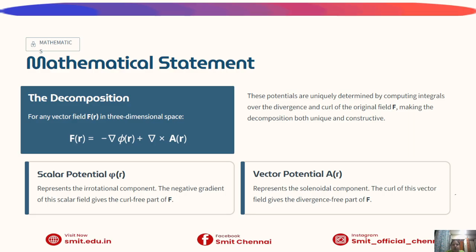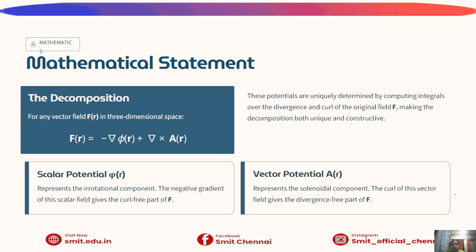This shows how Helmholtz theorem provides the theoretical justification for expressing electric fields in terms of voltage. The scalar potential simplifies the understanding of conservative fields and reduces the complexity of field calculations.